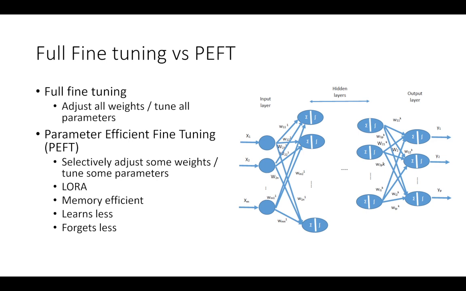Some of these are memory efficient because you don't have to load all the weights; you are selectively loading the weights to adjust. Some downsides: it learns less, obviously, because you are not adjusting all weights, so it forgets less too. It's doing less fine tuning, you would say, but it is memory efficient.